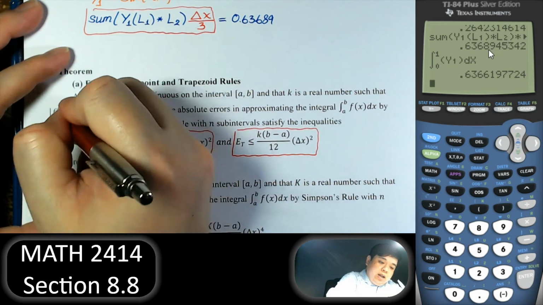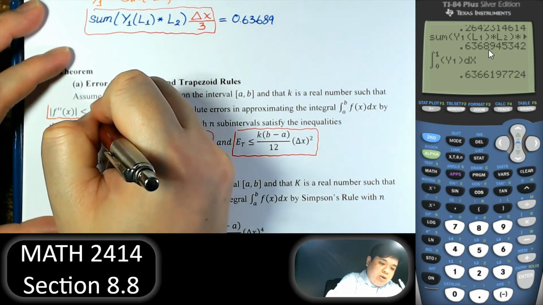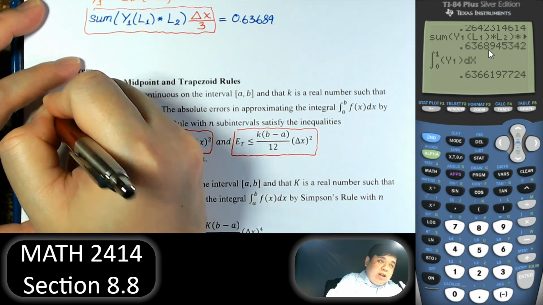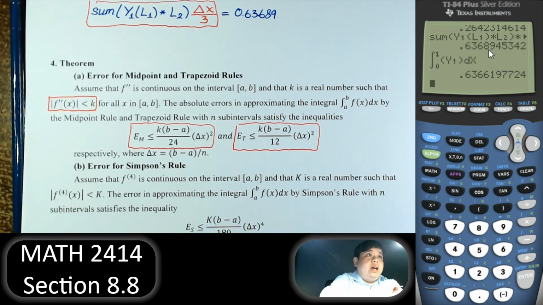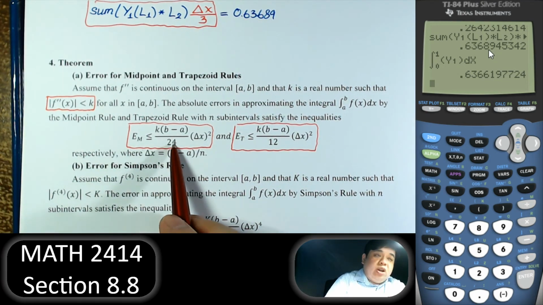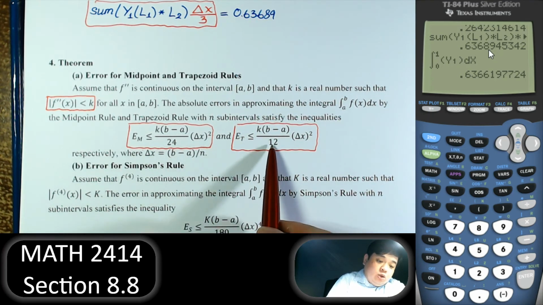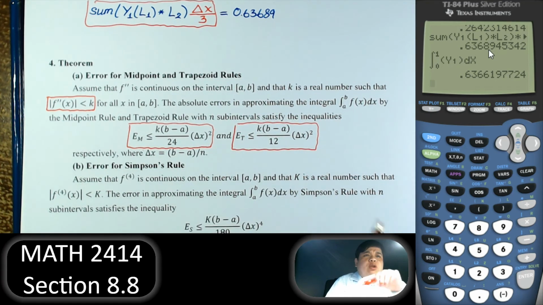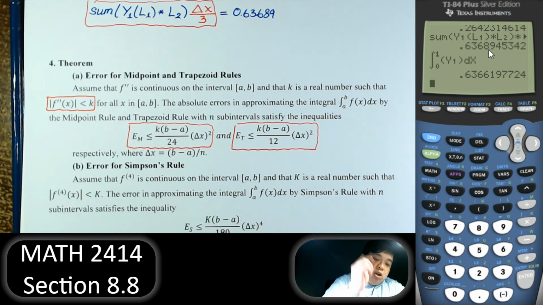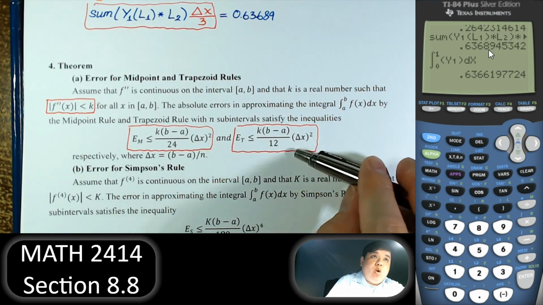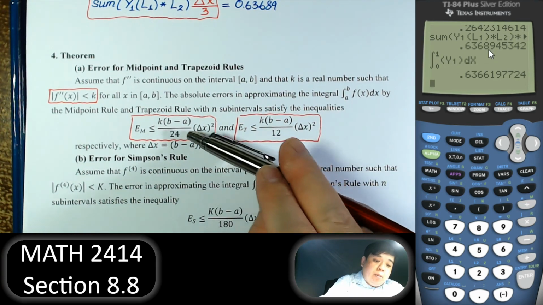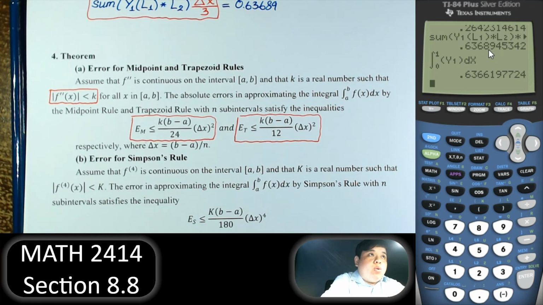K is the maximum or the highest value of the second derivative. As you see here, the midpoint rule is divided by 24, the trapezoid rule divided by 12. Of course, when we divide by the bigger number, we have the smaller number. So that's why in general, the trapezoid rule should have the smaller error compared to the midpoint rule.